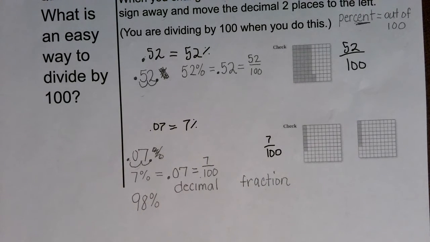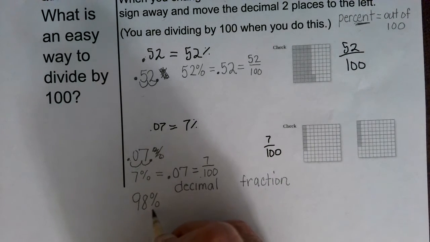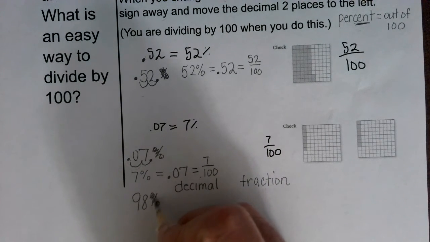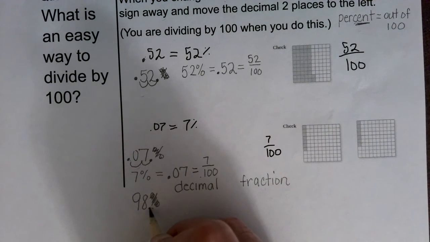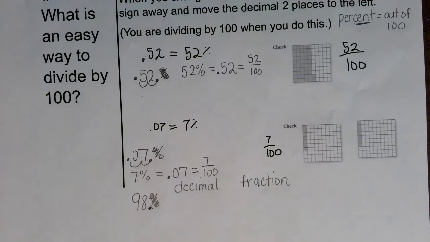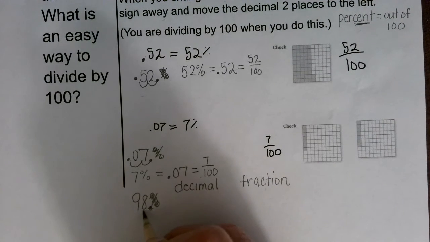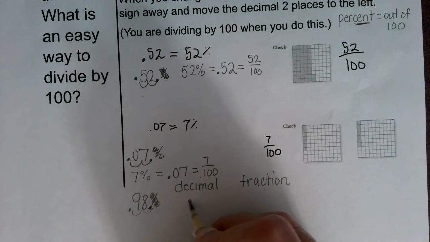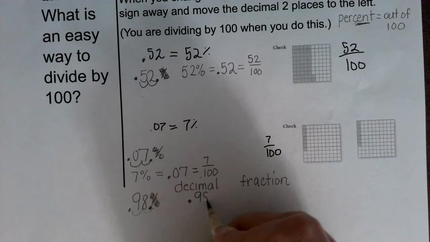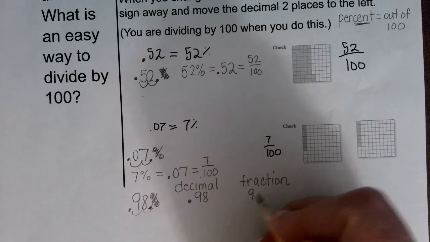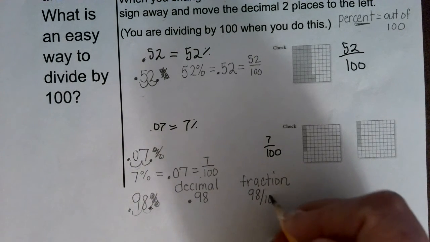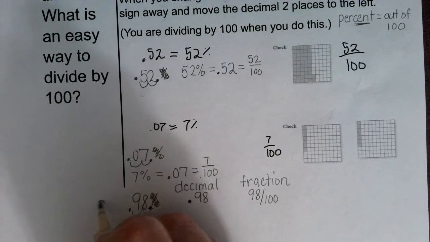As we were working on that, we said, all right, we've got the 98 hundredths. Take the percent sign off. The decimal point is after the 8. We're going to move it back 2 places. So the decimal is 98 hundredths. And then that fraction is going to be 98 over 100. And again, that was 98%.